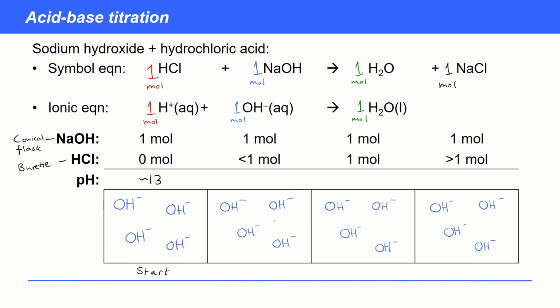So I imagine that I'm putting some H+ ions into here, like that. Well, the reaction ionic equation tells us that the H+ will react with the OH- in a 1-to-1 ratio and actually produce some H2O. It's going to do the same here as well.